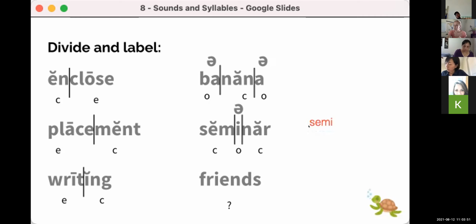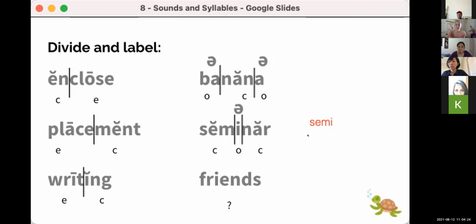Anyway, we recognize part of that word and we want to use the same pronunciation from semi to seminar, right? However, it doesn't follow that rule. That consonant-I in the middle of the word becomes the unstressed syllable.